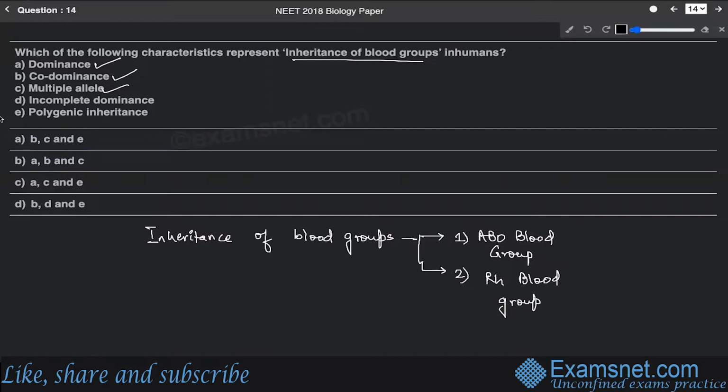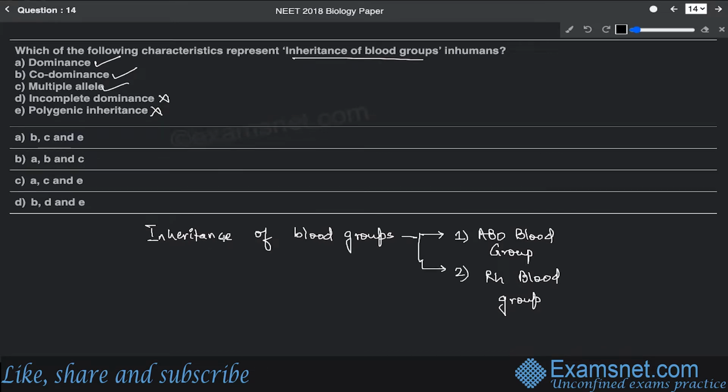All these three options are correct, while incomplete dominance and polygenic inheritance cannot be the case, because incomplete dominance shows deviation from Mendel's law of inheritance, and this is a completely different concept. And polygenic inheritance is where multiple genes are involved in controlling a single trait or character. So again, this is not an option.